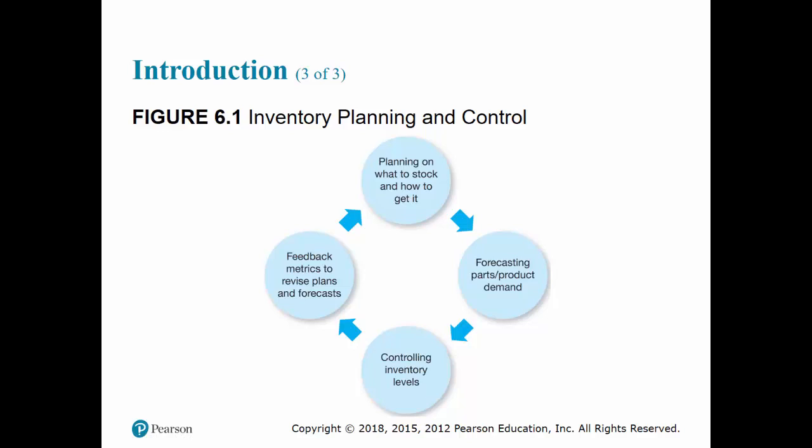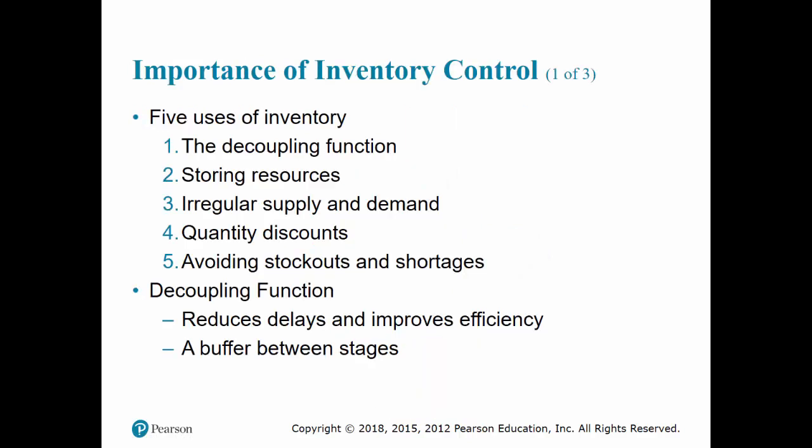feedback, and correction. So here is another formal look at why we keep inventory in stock. The first reason is to serve as a decoupling mechanism. Decoupling here is to be understood as a buffer between two stages of production.